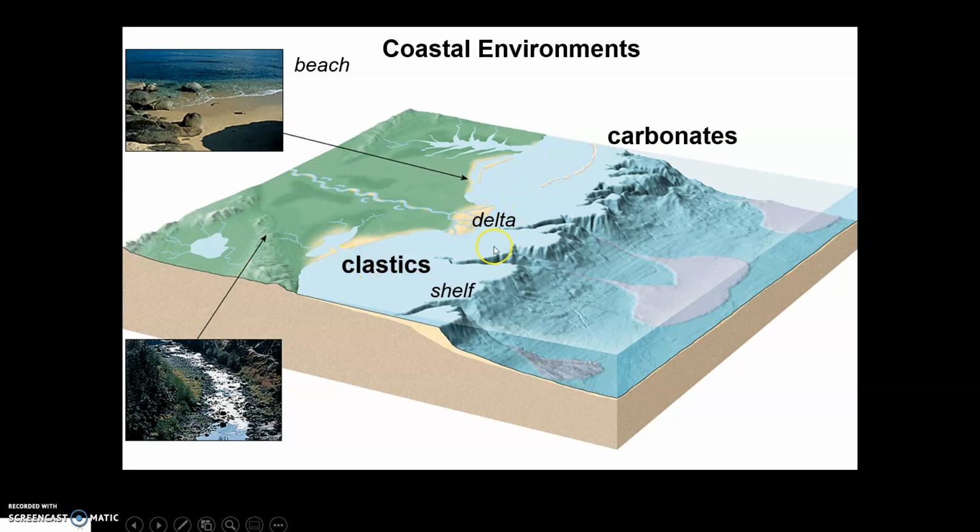We also have delta complexes that form where rivers enter a large body of water. And then as we move oceanward, we get into these submarine trenches, and we develop different submarine features on the ocean floor.